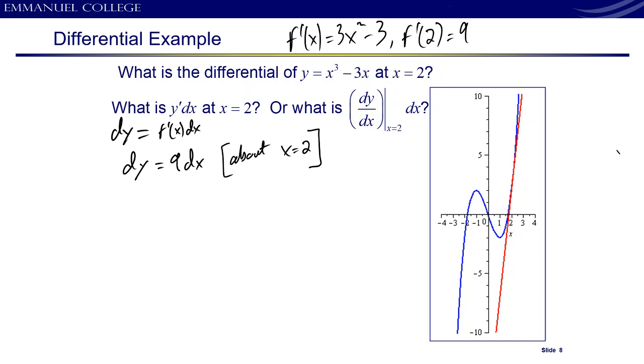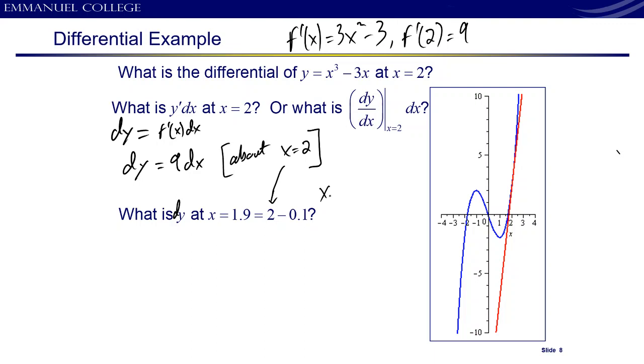Because if you're looking at this going, okay, what do I do with the dx? dx is fairly simple. What is dy at x equals 1.9? Notice 2 was what we centered our differential about. 1.9 you can think of as 2 minus 0.1.